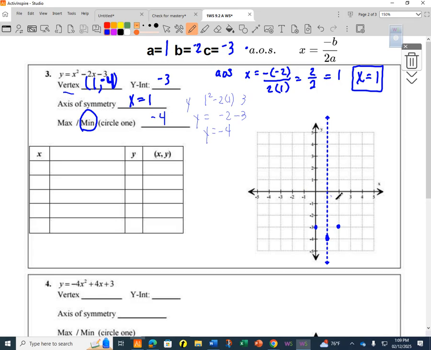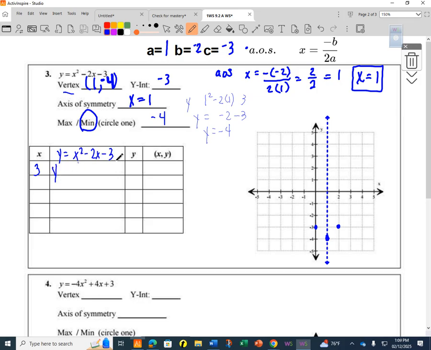I think let's do 3, because we know our parabola is going to kind of go like this, so let's plug in 3 for x and see what we get. Y equals x squared minus 2x minus 3.